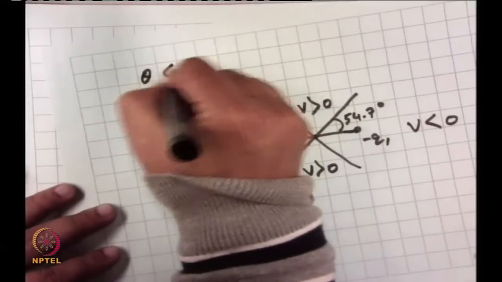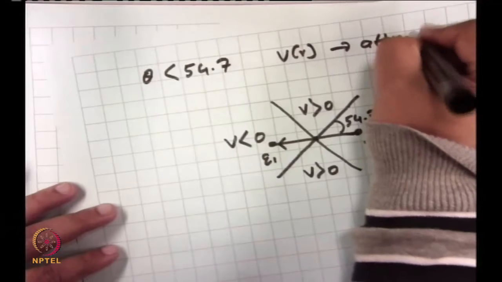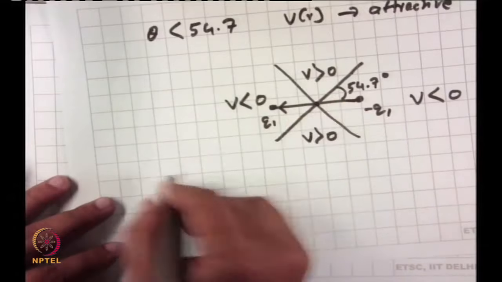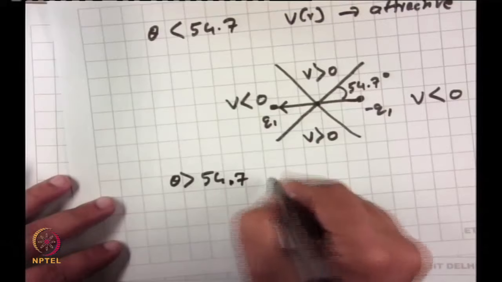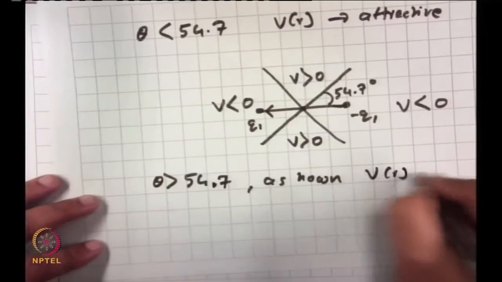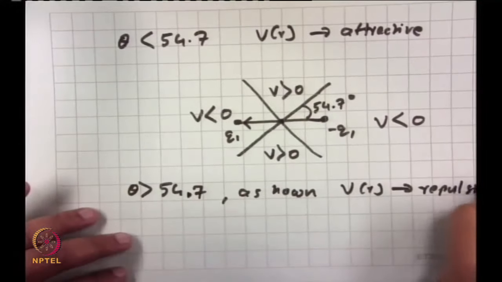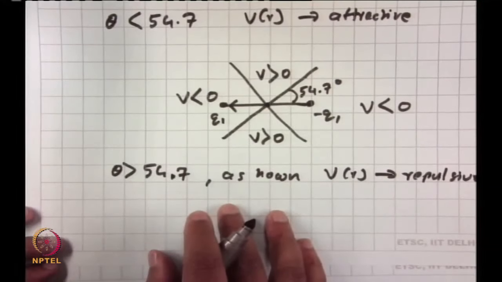Now, to explain it, if theta is less than 54.7, then V of R is attractive. If theta is greater than 54.7, as shown, V of R, because it depends upon R, is repulsive. And what about the angles at which you will not have any interaction?